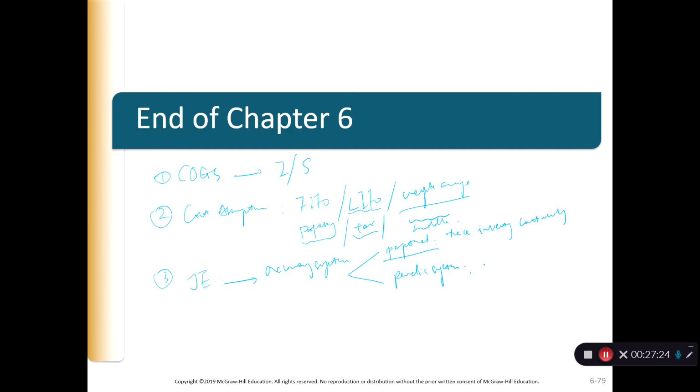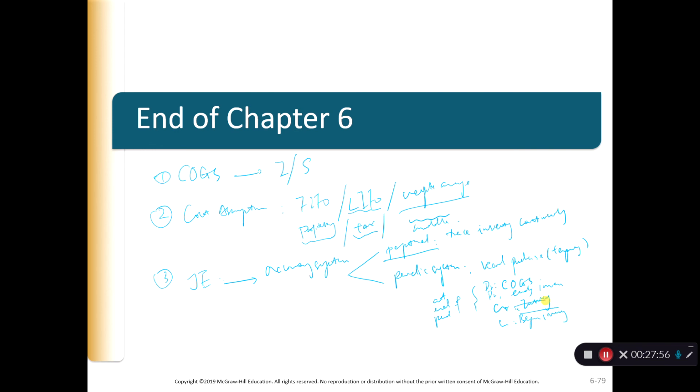You do record purchases, but as a temporary account, and then at the end of the period you only debit cost of goods sold and credit inventory, restating the ending inventory amount and crediting out the beginning inventory amount.